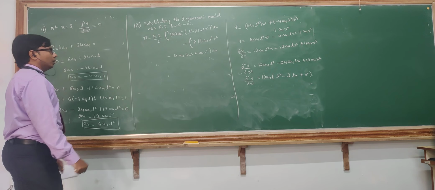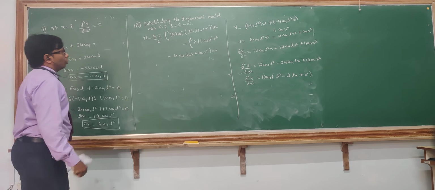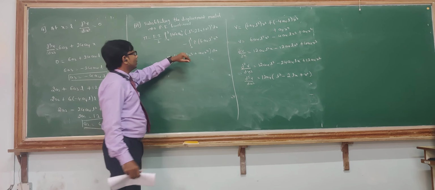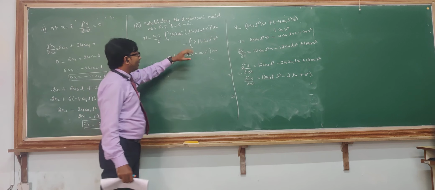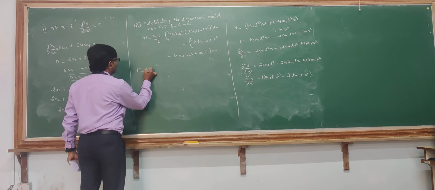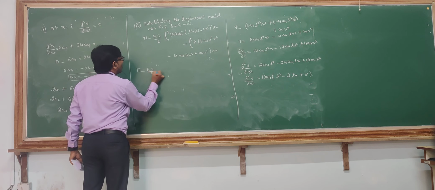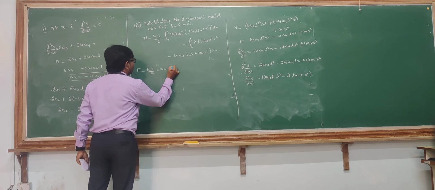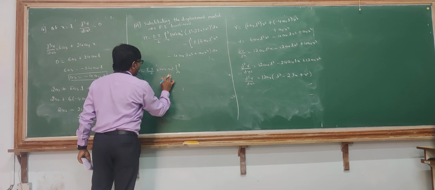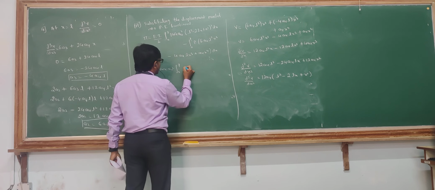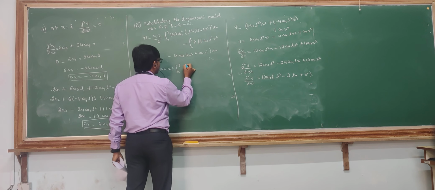So now you have to do the multiplication, a plus b plus c the whole square, then you have to do the integration here. So what you will be getting here is pi is equal to EI by 2, integration, I will keep it as 144 A4 square as it is, 0 to L. So the integration of a plus b plus c the whole square, I will do it.